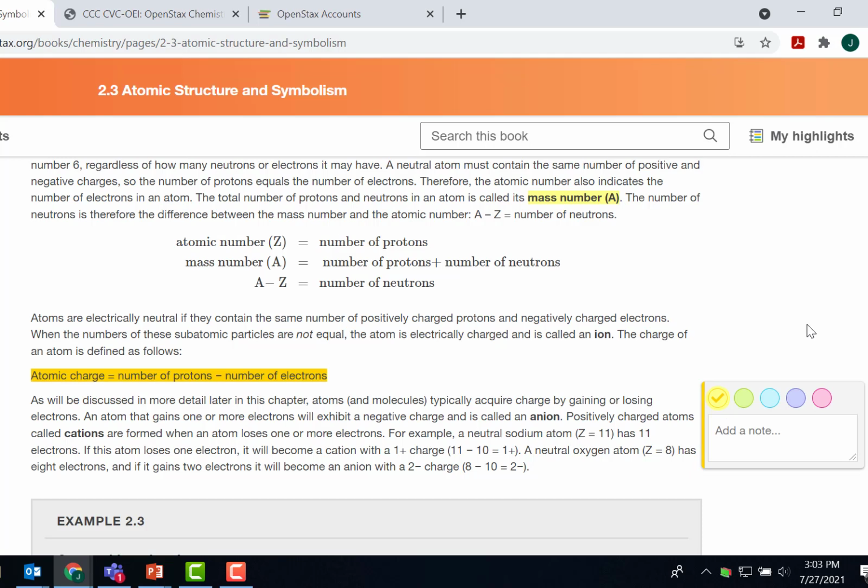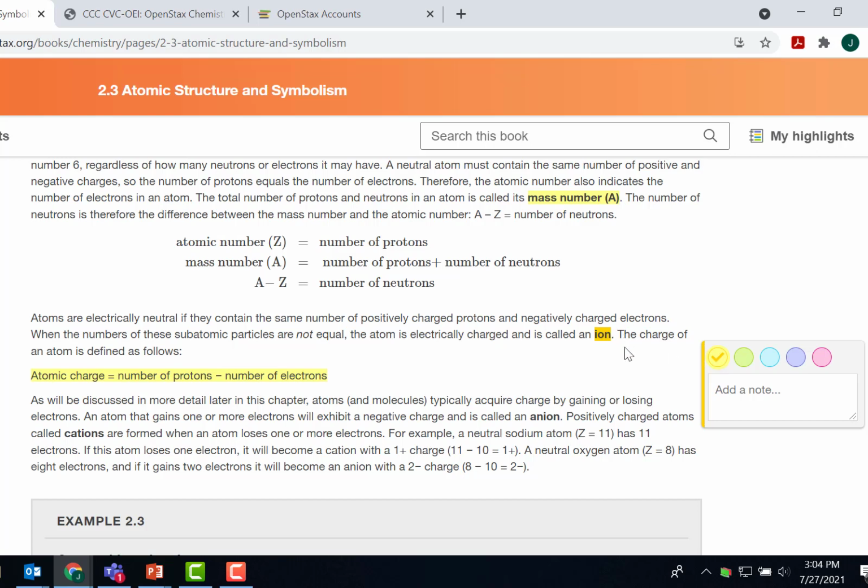Now, for most atoms, that is going to be 0, because for a neutral atom, you have the same number of each. But sometimes they are not equal. When they are not equal, we call that an ion. So an ion has different numbers of protons and electrons.